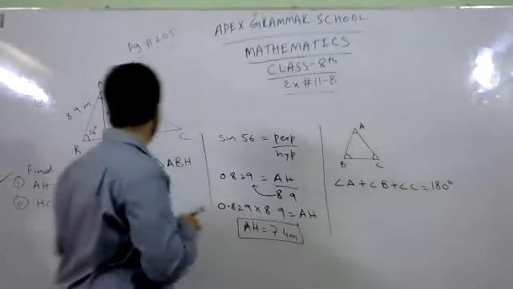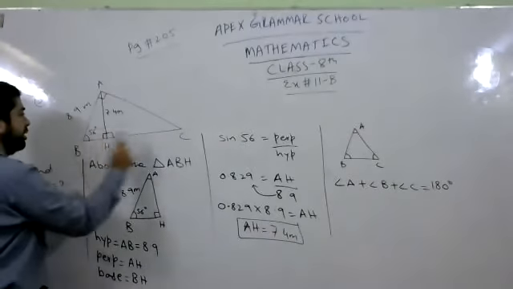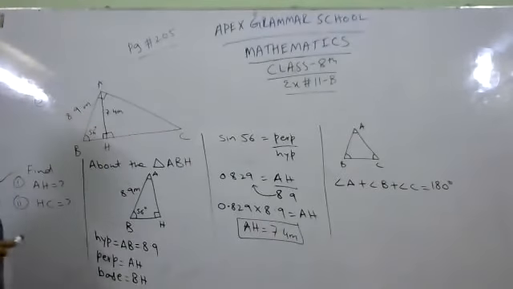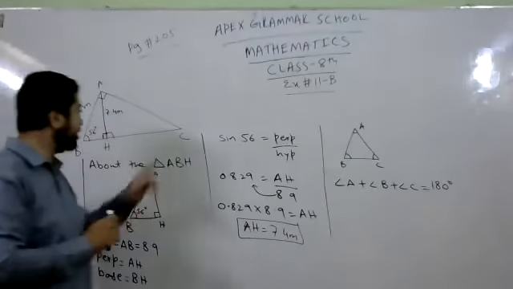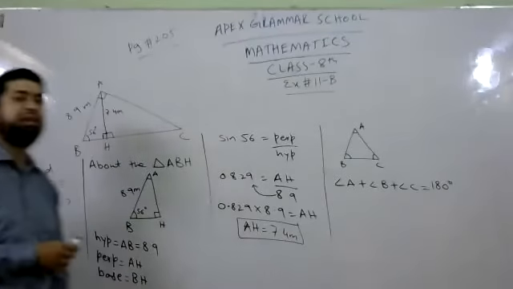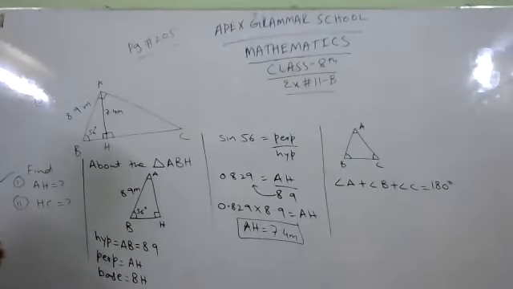So for triangle ABC, these three angles sum to 180 degrees, and we need this angle C.